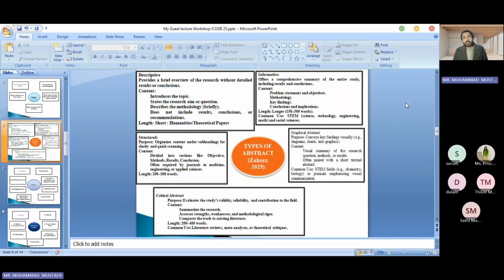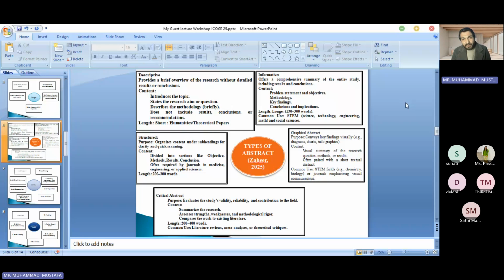So the second type of abstract is called the informative abstract. An informative abstract offers a comprehensive summary of the entire study, including results and conclusion. Contents in such a type of abstract, we may have the problem statement and objectives, methodology, key findings, and conclusion and implication.